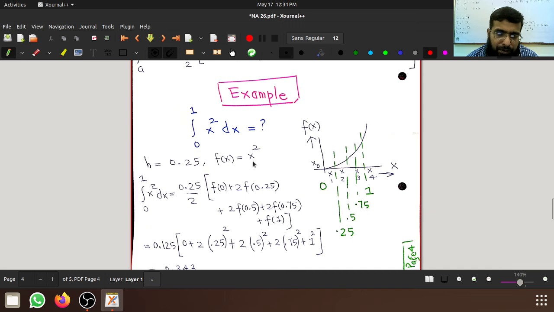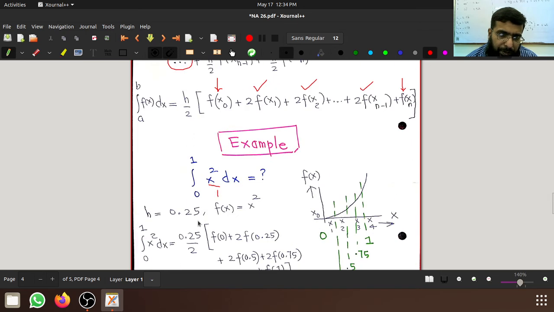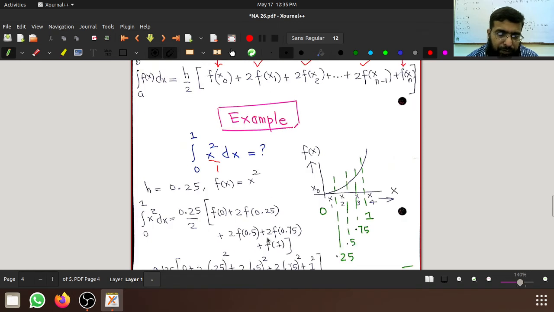So f of x is of course x squared. So the integral of f of x dx between 0 and 1 is h by 2 times the formula. F of x naught, the value of f at the first limit x naught, is 0, plus 2 times f of x1 at 0.25, plus 2 times f of x2 at 0.5, plus 2 times f of x3 at 0.75, plus not 2, it's 1, times f of x4, the last one, f of xn, f of 1.